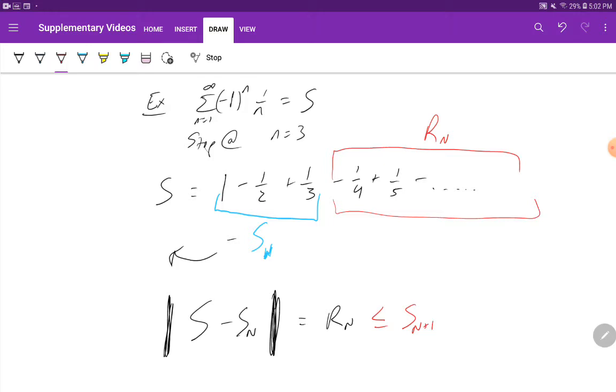So in this case, you're going to be off by at most a quarter, because we stopped at 1/3, the 3rd term. Does that make sense?